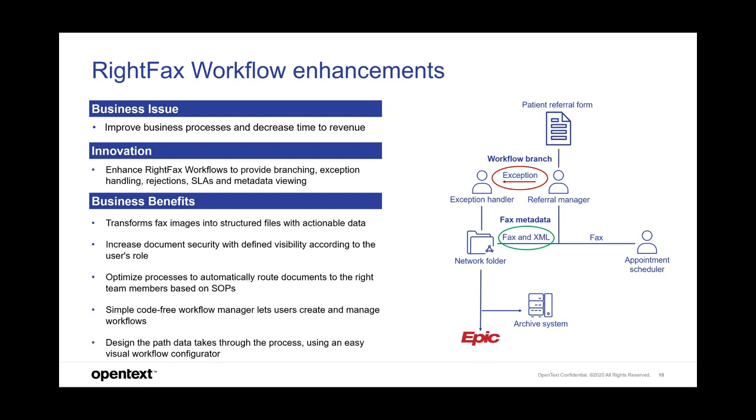And so now if we look at that right-hand side, this attempts to put it all together, right? So the top here is that patient referral form coming in as an inbound fax. It comes in to a workflow, right? And that workflow is a referral process. There's an option to hand the first step off to an exception handler, and maybe that exception handler is a manager. Maybe that exception handler is someone who just can read through documents and understands more than just the referral manager.